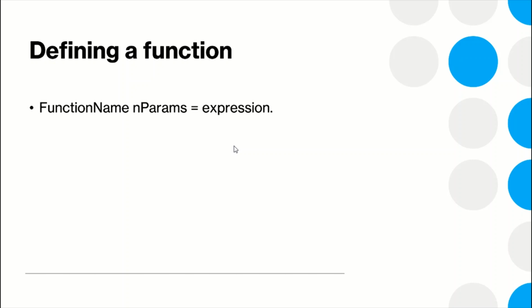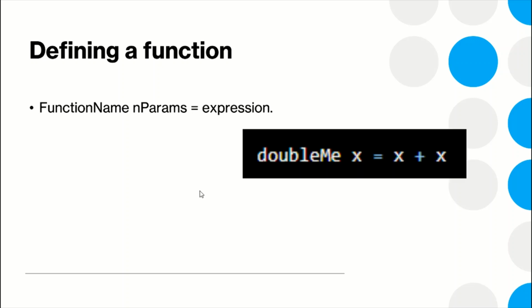So to define a function, we set the function name and the parameter's name. Then we put the equal symbol, and then we set the expression. So for example, here we define a function named double that has one parameter x, and the function gives the double of the x value.